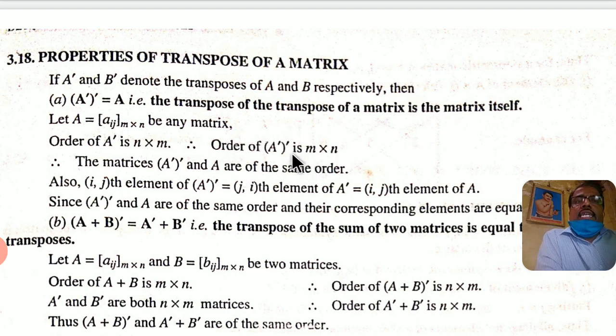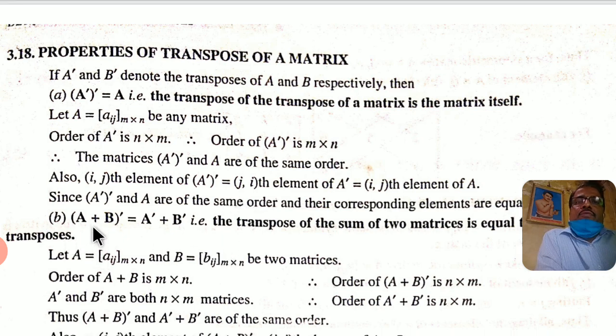So A dash of A dash is of order m cross n, and A is also of order m cross n, so both are one and the same. Therefore A dash of A dash is equal to A.